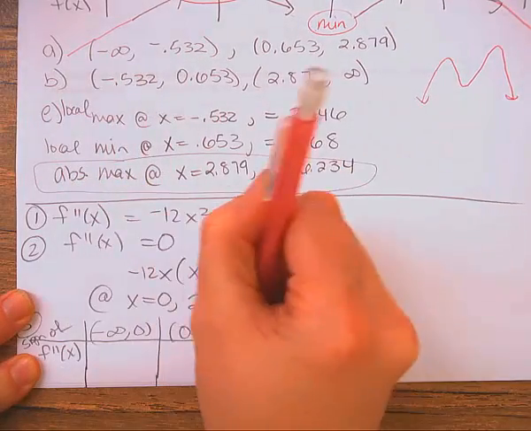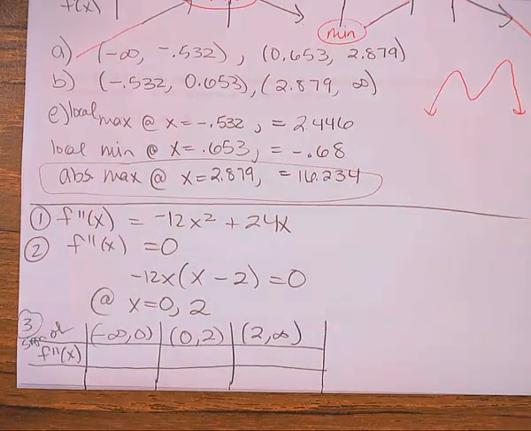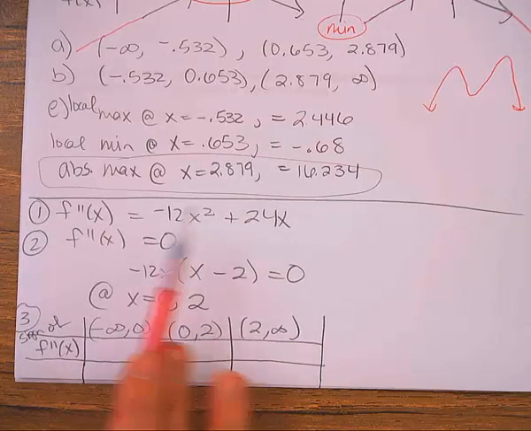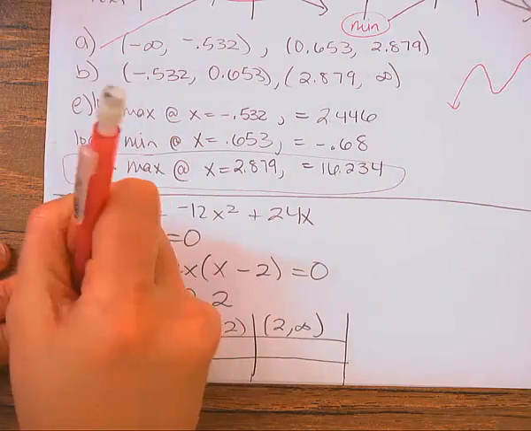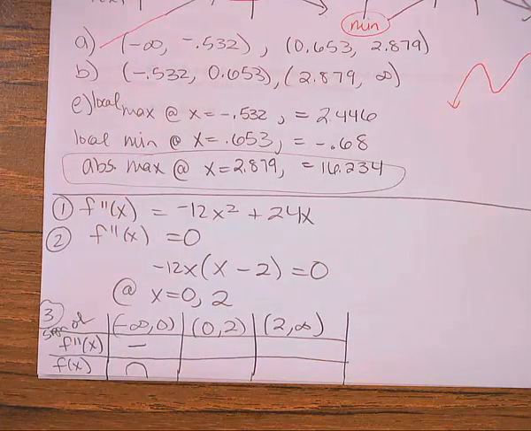That will tell me about the concavity of the function. So between negative infinity and 0, I could maybe choose like negative 1. So then I'd have negative 12 minus 24. Clearly that's negative. So that means my original function is concave down on that interval.